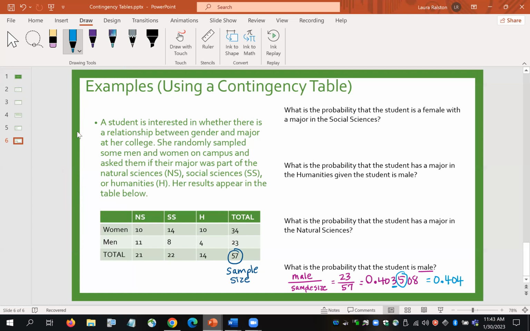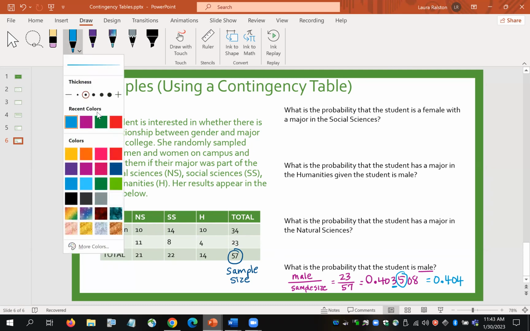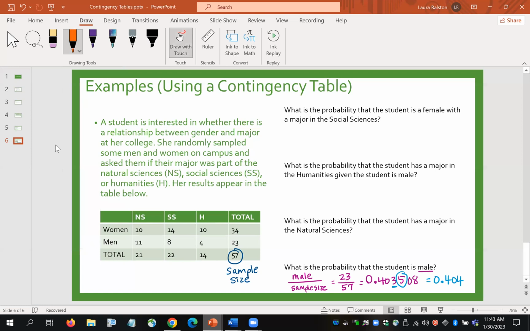Working my way up backwards, it says, what is the probability that the student has a major in the natural sciences? Okay, so again, we're only interested in one thing here. We're only interested in the natural sciences, and we're going to compare that to the sample size. For natural sciences, I had a total of 21 students out of 57.